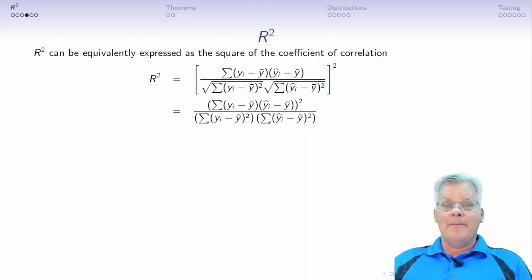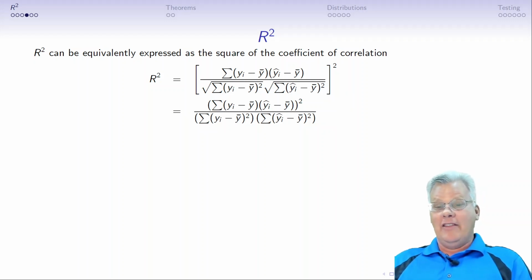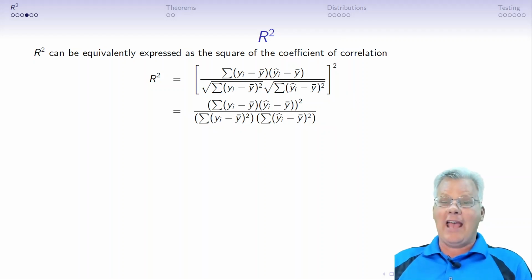So you'll see here what I have in the first line is literally rho squared. So rho is the covariance of y and y hat i, and then we divide by the standard deviation, or the square root of the variance of y and the standard deviation of y hat i.